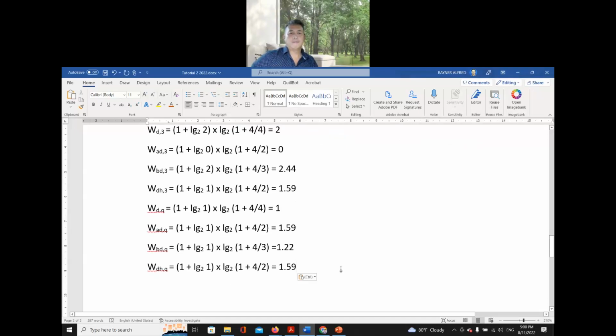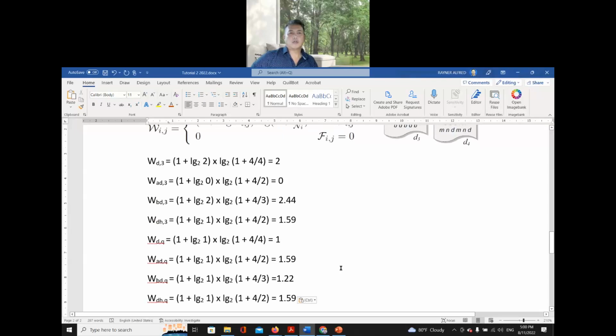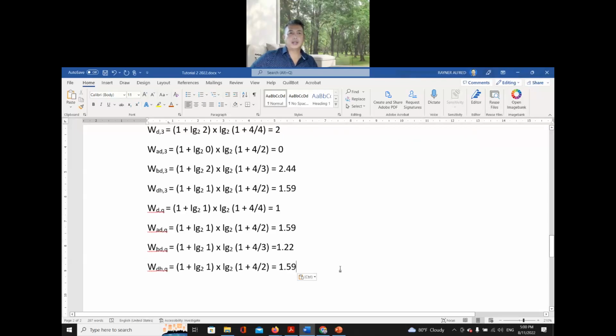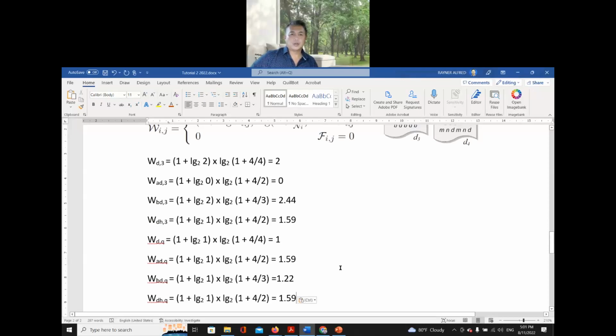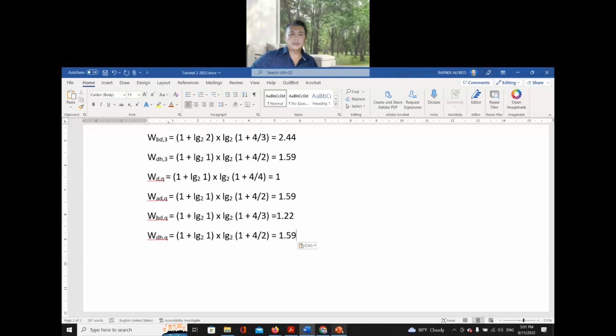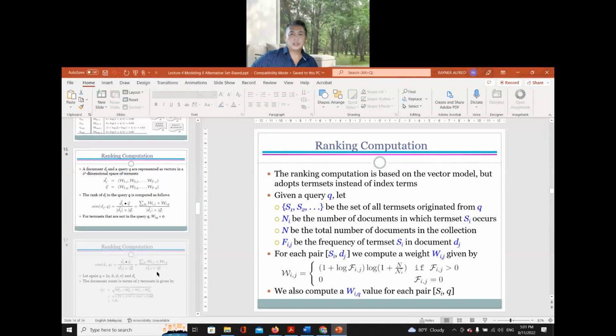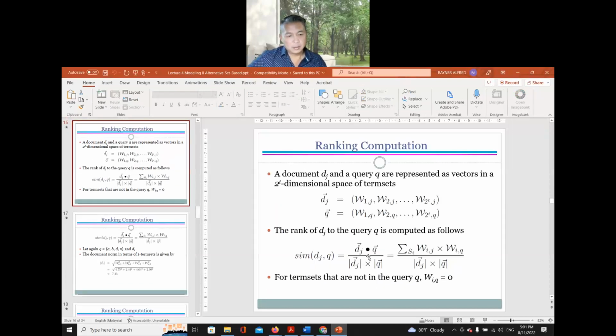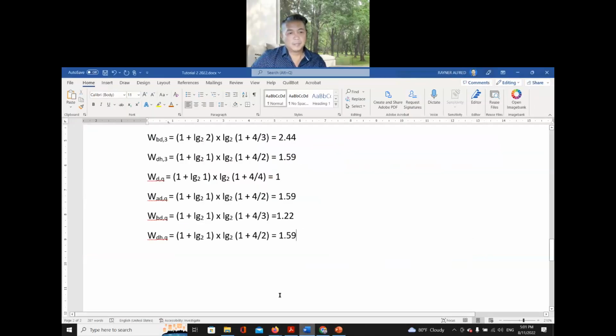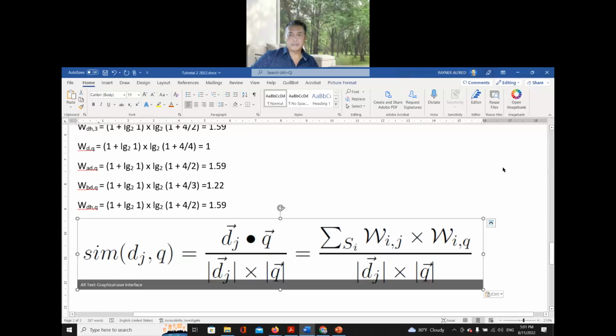So now your job is to find the similarity between document 3 and also the Q. Okay, so the formula will be this one. So this is the formula that we have.